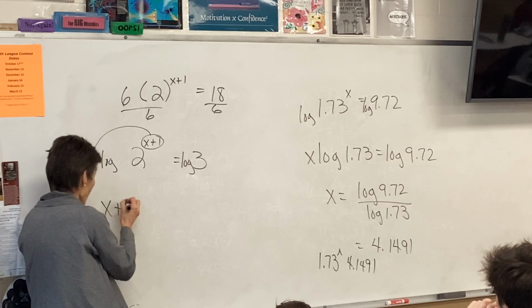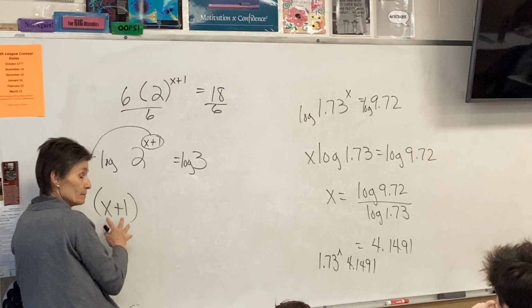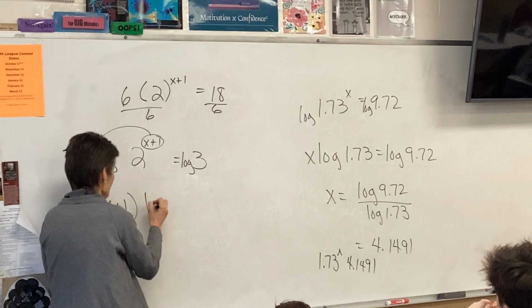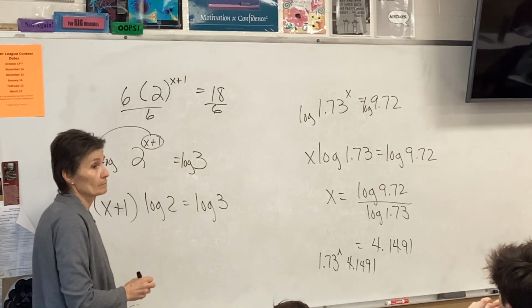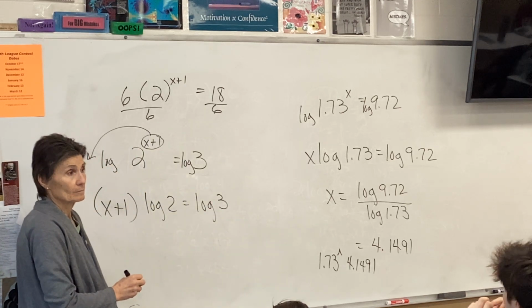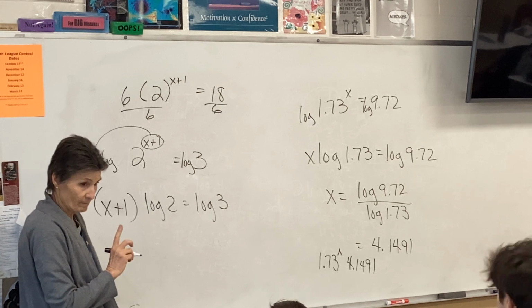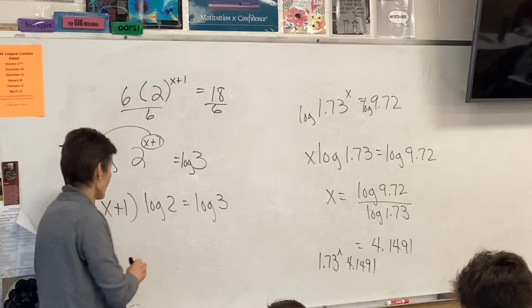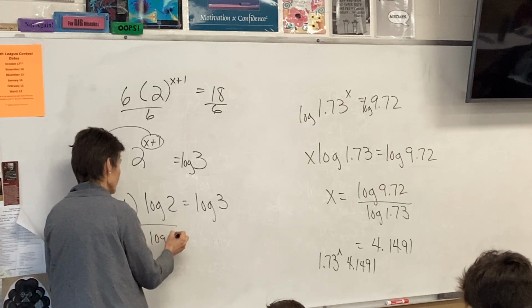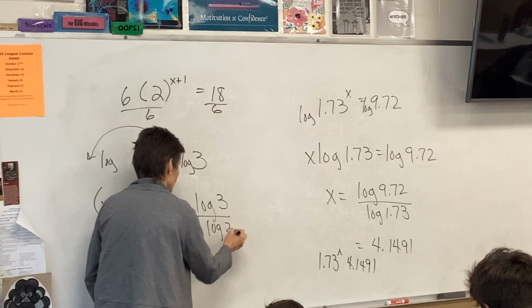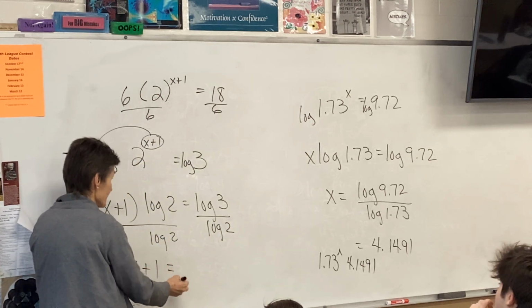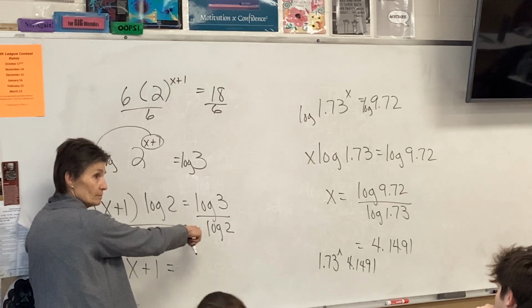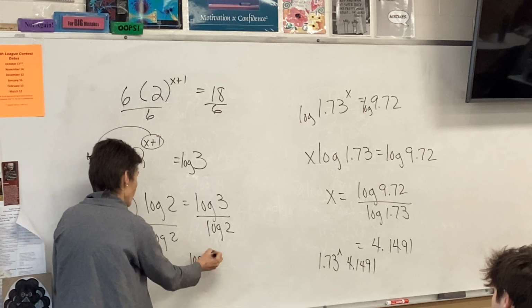So (x plus 1), the whole thing, times log 2 equals log 3. You with me still? So I'm going to go ahead and divide by log 2. So x plus 1 equals log 3 over log 2.